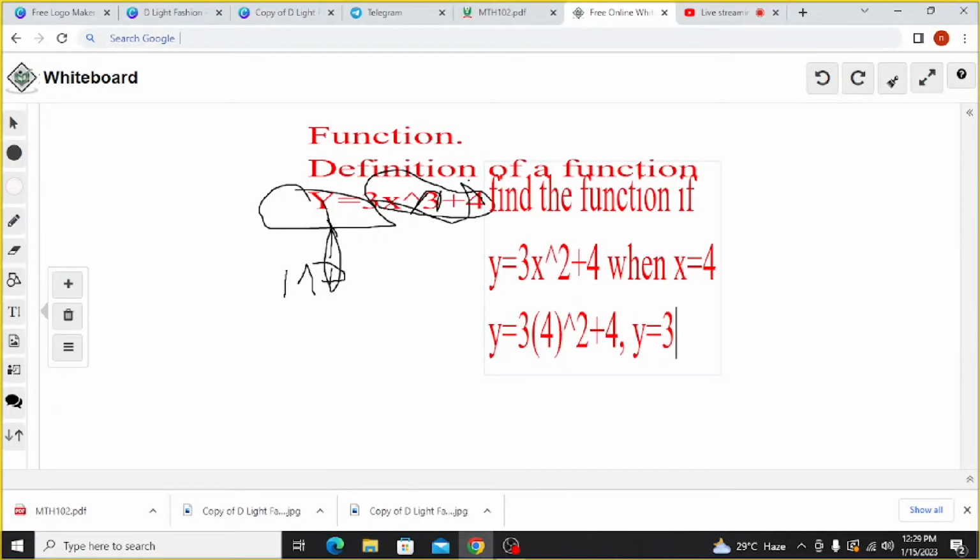So 3 open bracket 16 close the bracket plus 4. Now our y equals 3 multiplied by 16 plus 4.